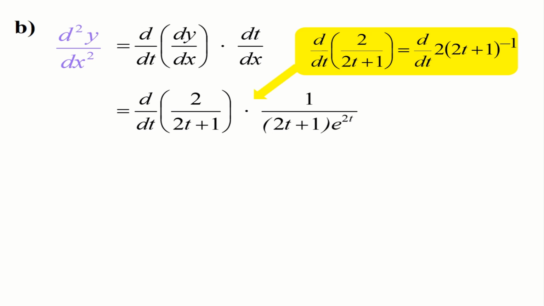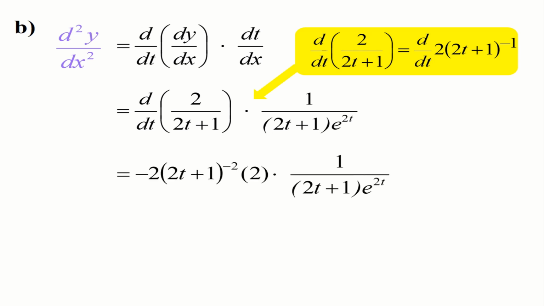So you get negative 2 times (2t plus 1) power negative 2, multiplied by 2, multiplied by 1 over (2t plus 1) multiplied by e power 2t. Then you can simplify by applying the rule of indices: (2t plus 1) power negative 2 minus 1. So you get negative 4 over (2t plus 1) cubed multiplied by e power 2t.